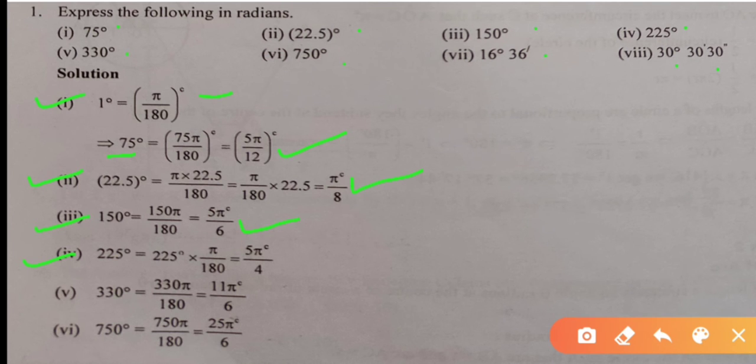After simplifying this, what we get? 5 pi by 4. 330 degree, that is 330 into pi by 180, we get 11 pi by 6. And 750 finally, which is equal to 750 into pi by 180 degree, which is nothing but 25 pi by 6. Just multiply pi by 180 to the given degree, then we get in terms of radian.